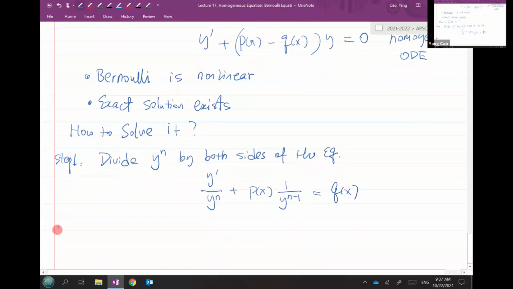And then step number 2, you're going to introduce a new variable u. Let u equal to 1 over y to the power n minus 1. So basically it's this term here. You're letting u equal the coefficient of p of x.